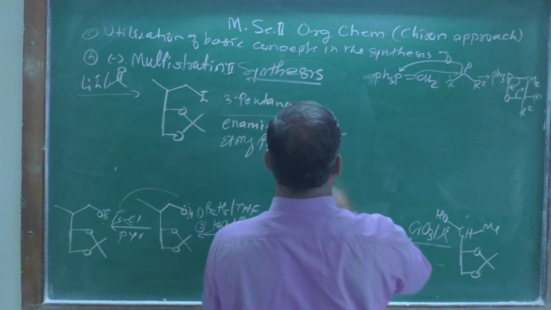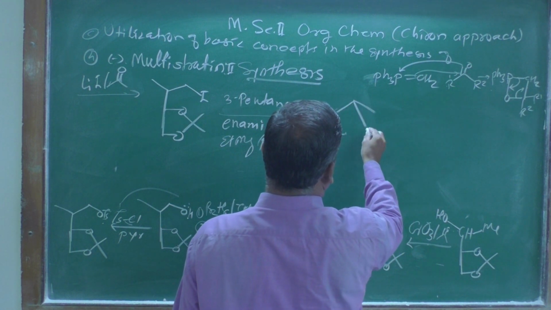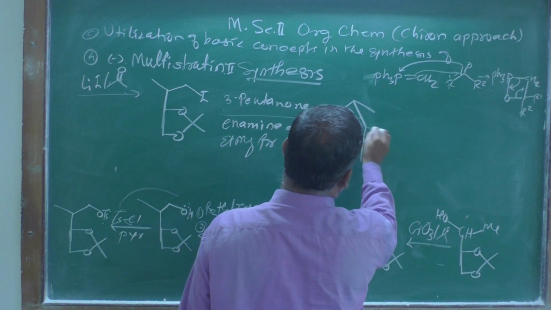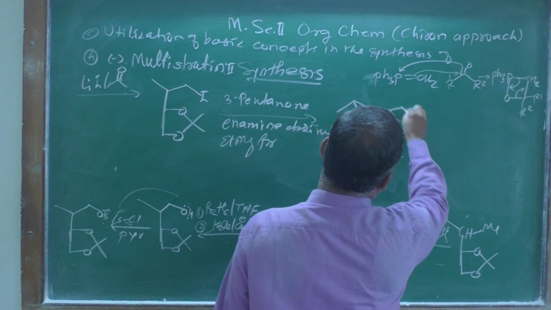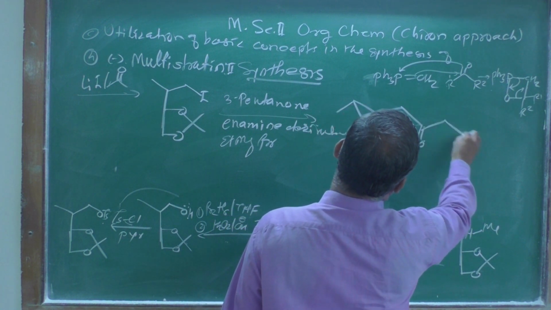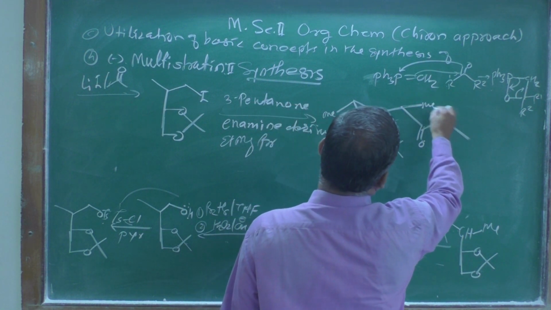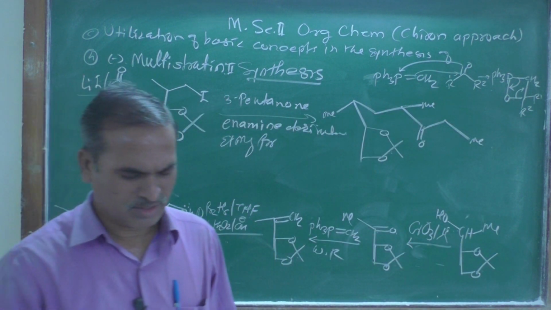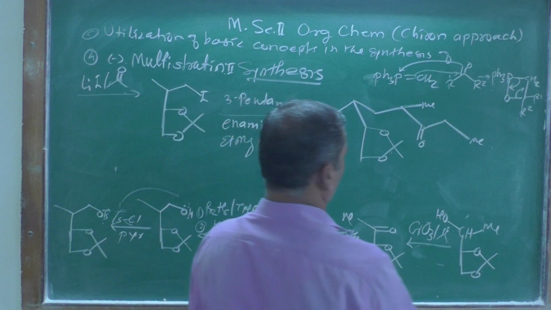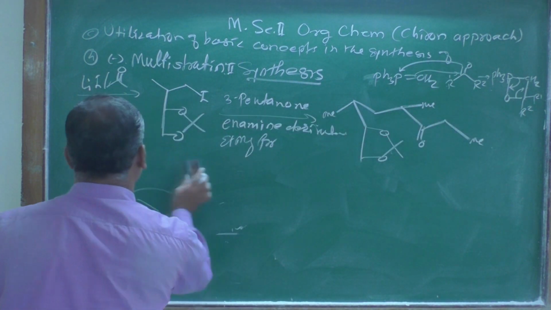This methyl group should be there, and this O and O, this is protected, and this is the compound we are going to get, Me, and this one is a Me. And now when this is treated with hydrolysis, you are going to get the product here.